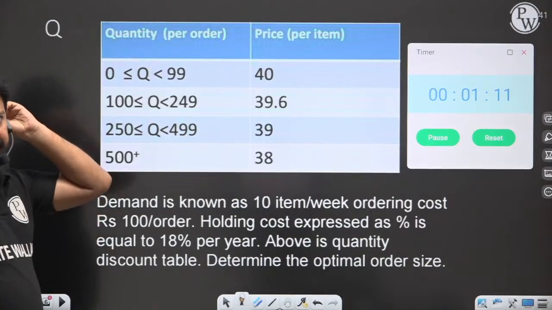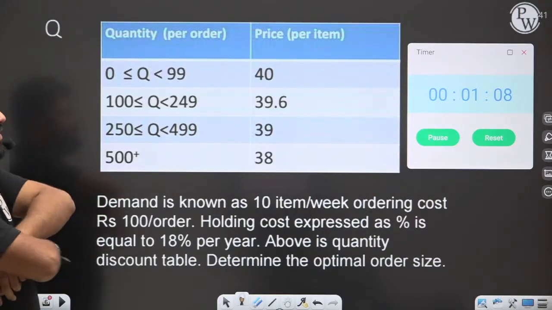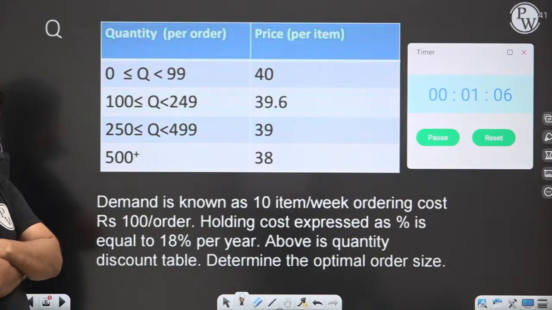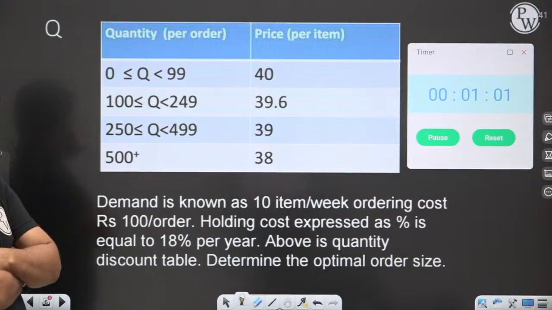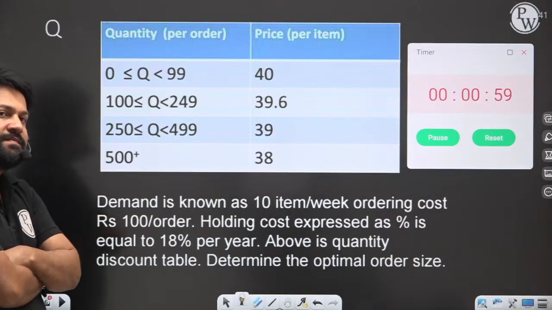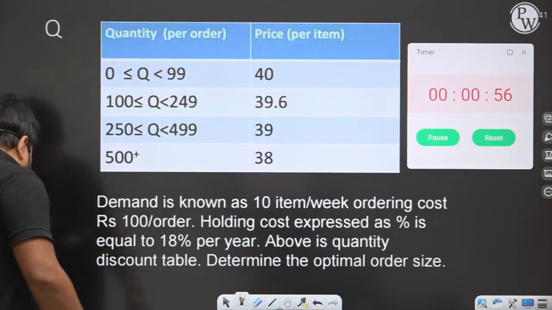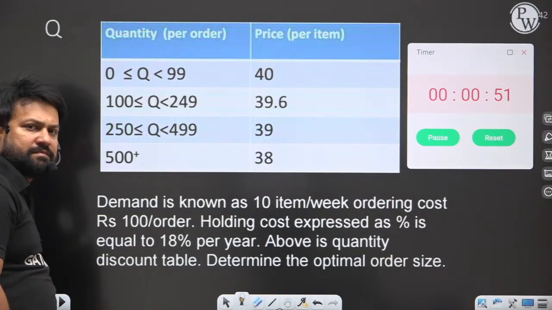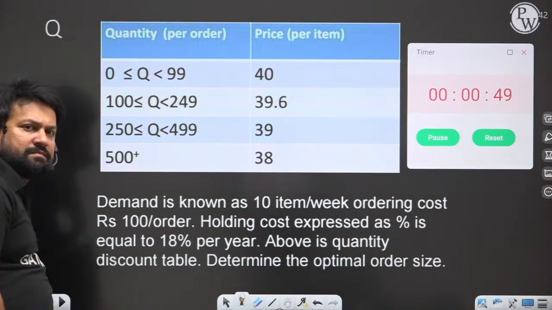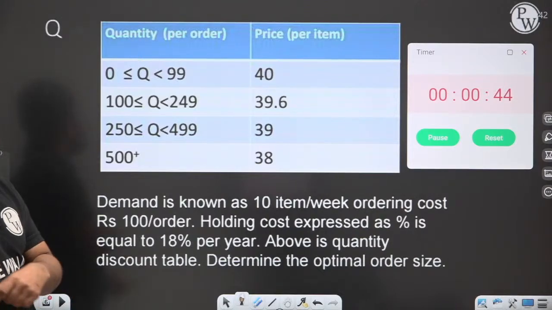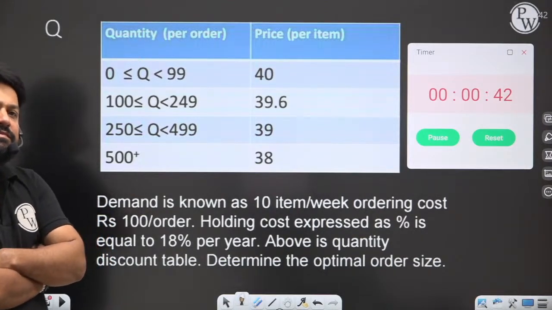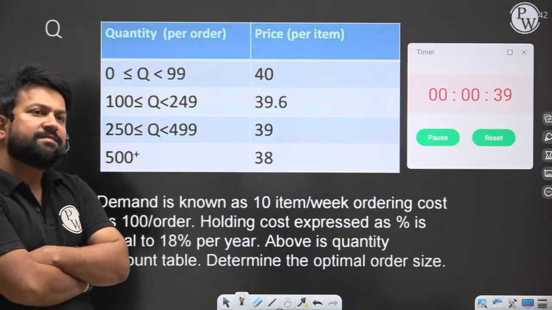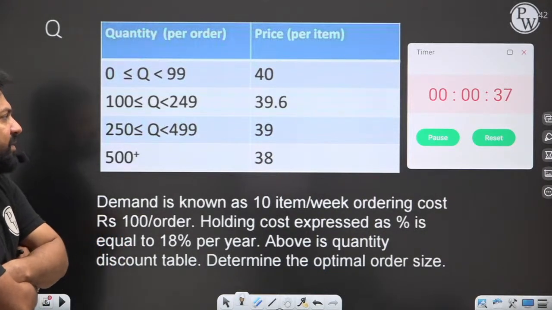One minute is remaining. I think I have to solve the question. Your time is going to be up.